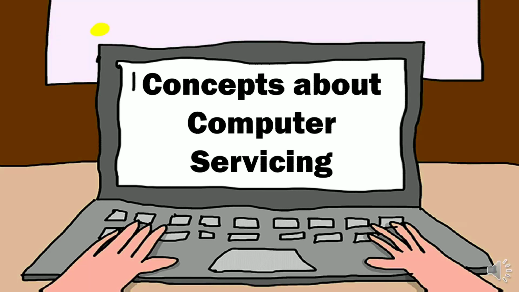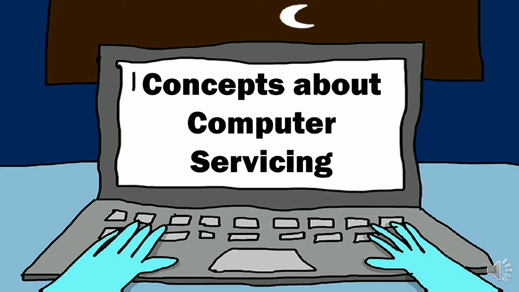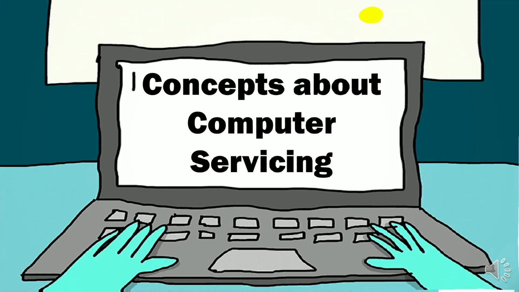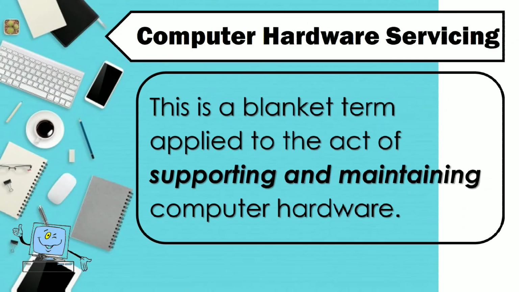Now, let's define computer system servicing and computer hardware servicing. Computer hardware servicing is a blanket term applied to the act of supporting and maintaining computer hardware. This includes diagnosing computer hardware issues, upgrading and repairing computer hardware.